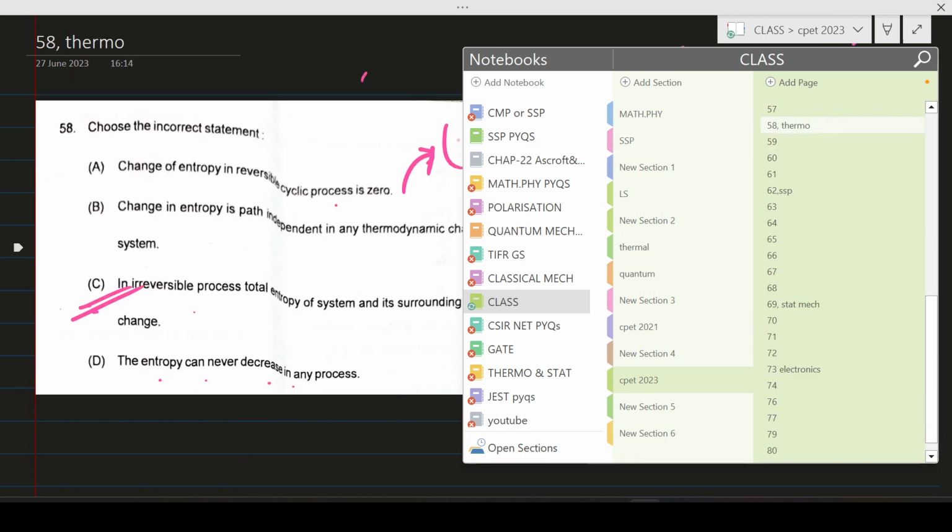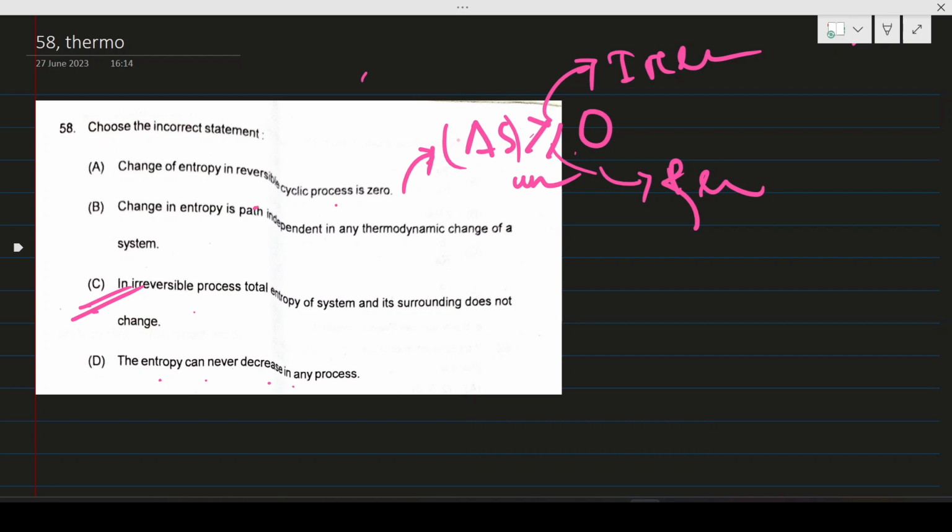Next, thermodynamics. Question 58: choose the incorrect statement. Let's read the options. Change of entropy in a reversible process is 0. Yes, the change of entropy is greater than or equal to 0.